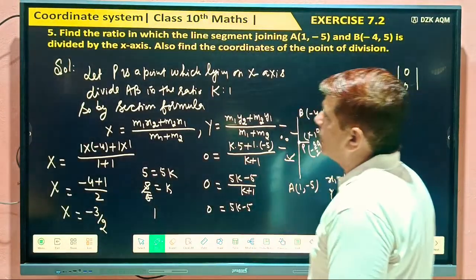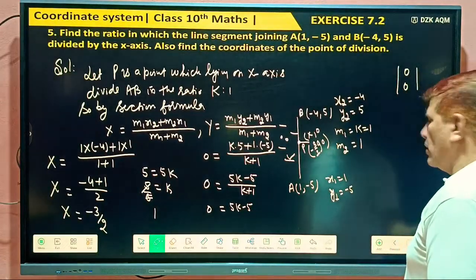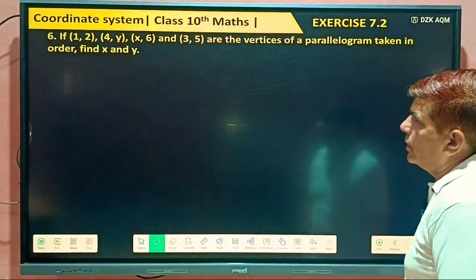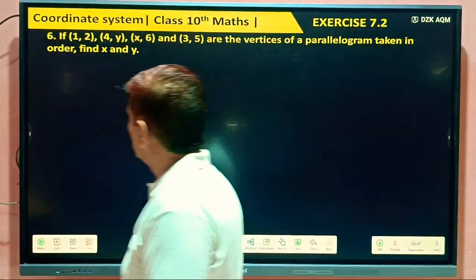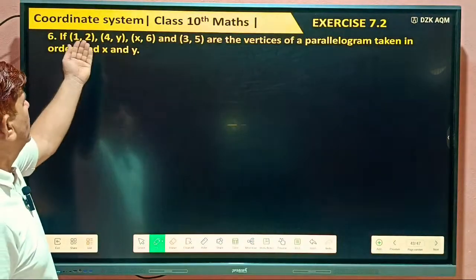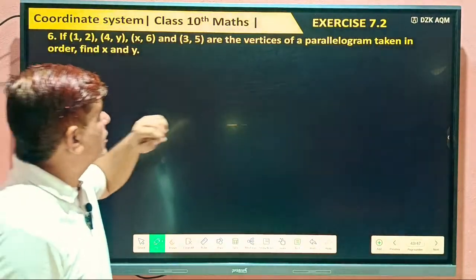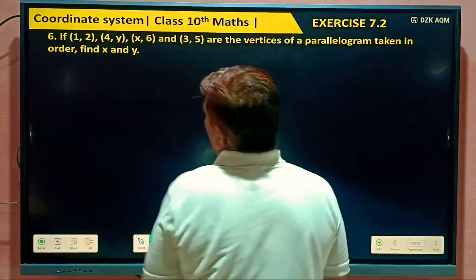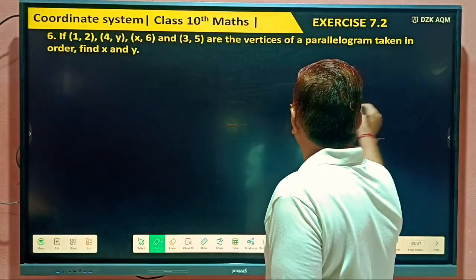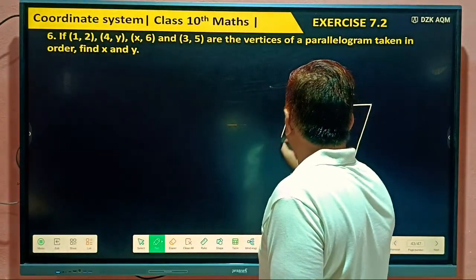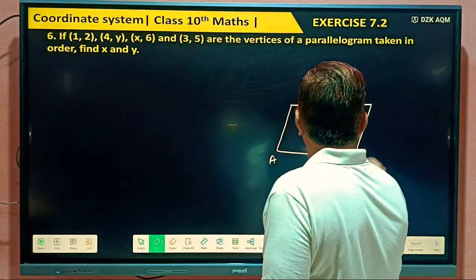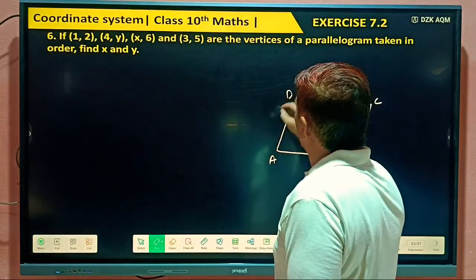So in this way you can solve all questions related to this, and there is a possibility of this type of question in the exam. So, if these are the vertices of a parallelogram taken in order, find the value of x and y. You can take the parallelogram ABCD.